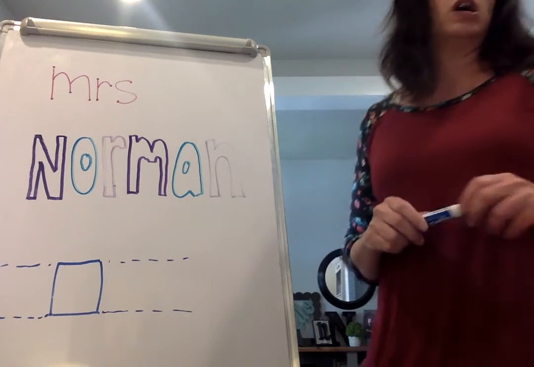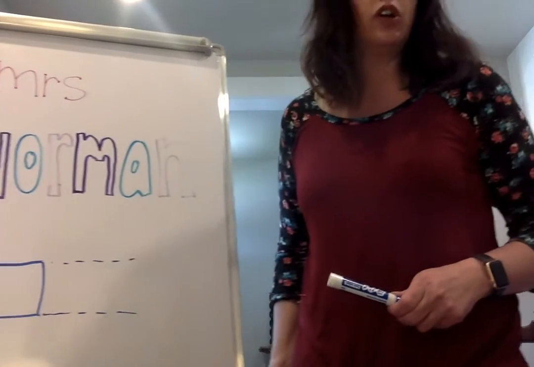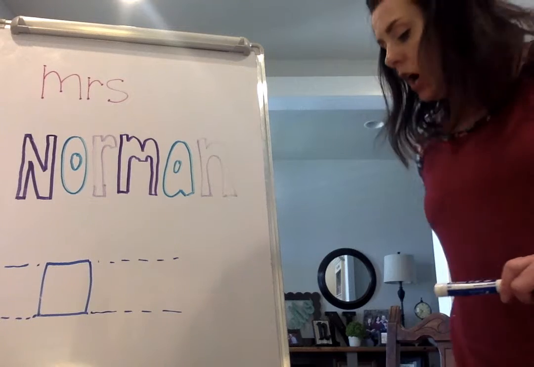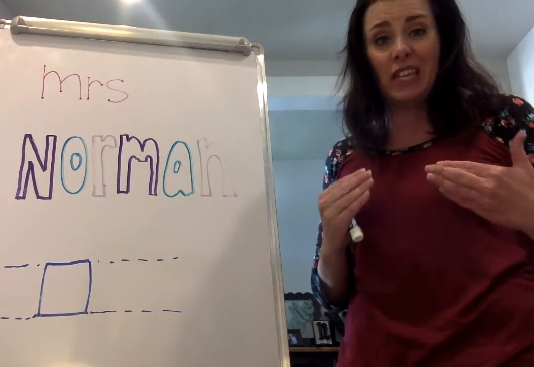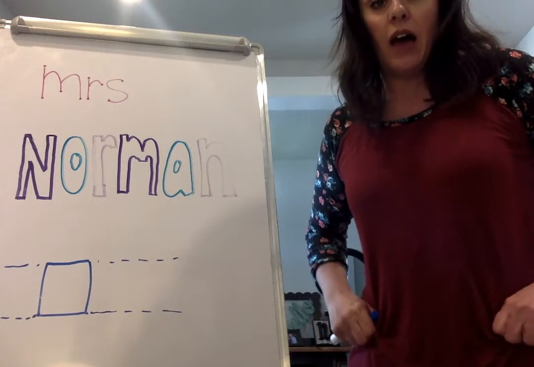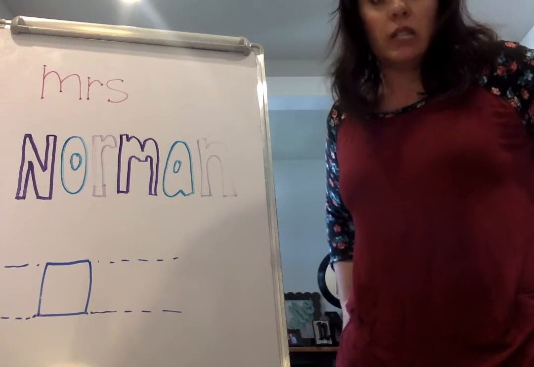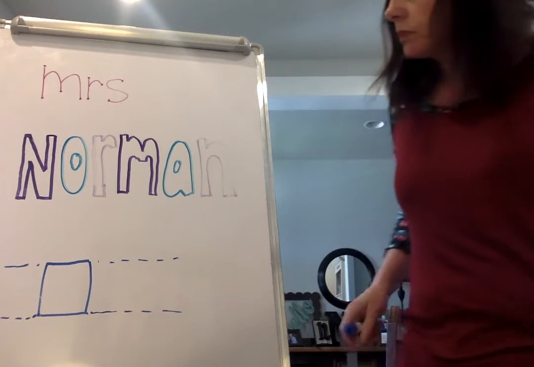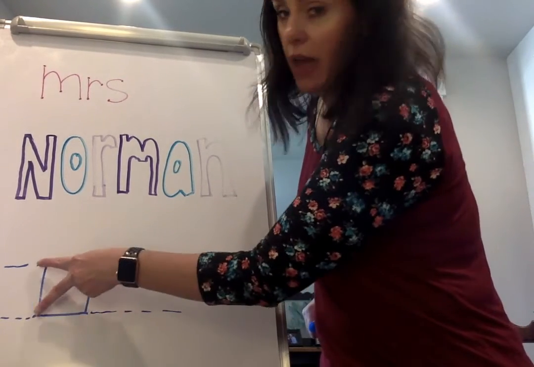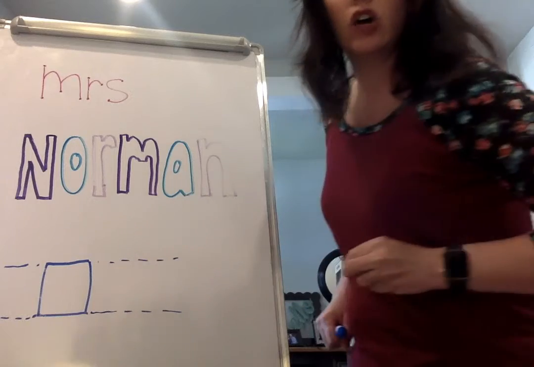The next thing that it talks about for parallelograms is that their opposite sides are congruent. Congruent means equal in size, equal in length. Congruent, equal in length, okay? These two sides, this side and this side, they are congruent.